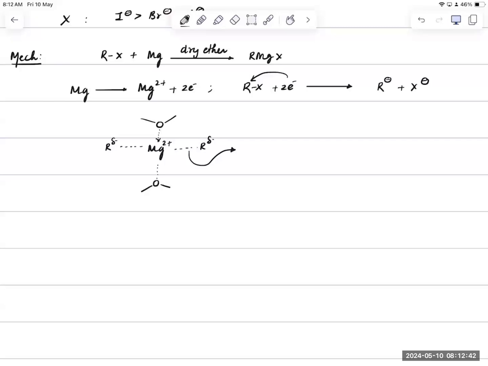This is the bond which has been formed between R and MgX. Here it is X minus, delta minus. So here it is a polar ionic bond, while on this side it is a polar covalent bond.